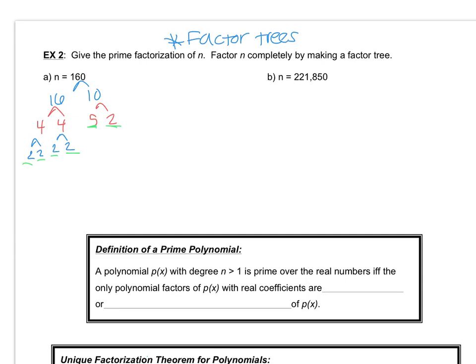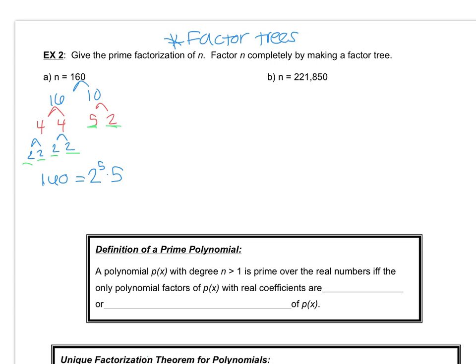So to represent 160 in its prime factorization, the typical rule is that you write the factors from least to greatest. It only has two prime factors, 5 and 2. You list them in order of least to greatest, so 2, but it's 2 times 2 times 2 times 2 times 2. So 160 is actually 2 to the 5th times 5. So that's the prime factorization of 160.